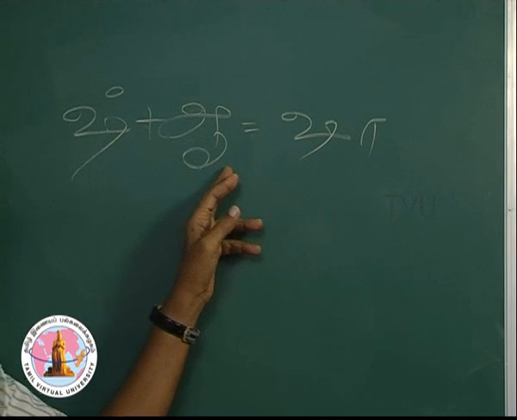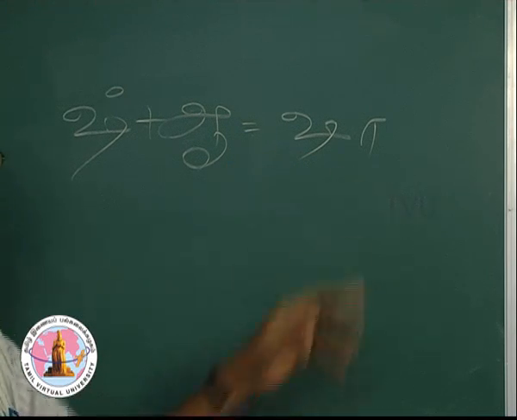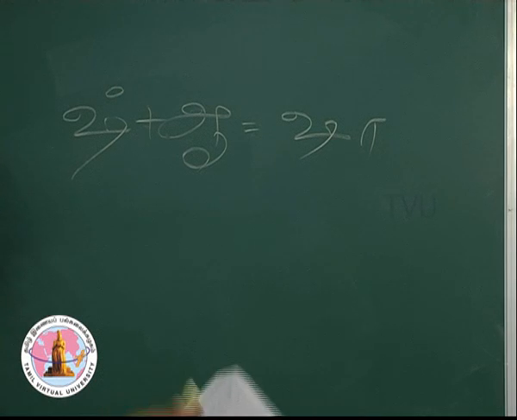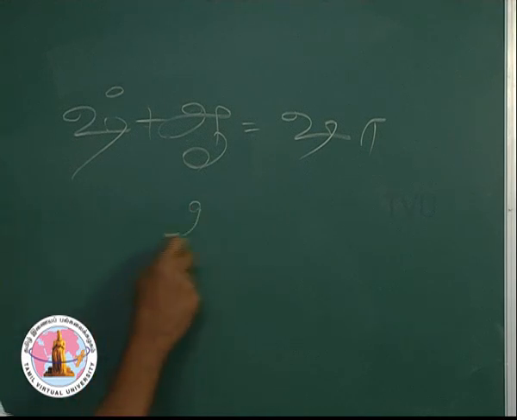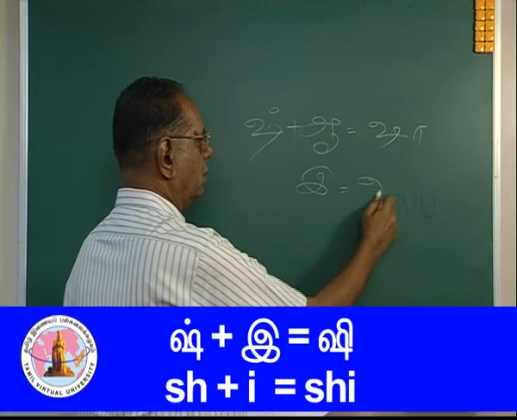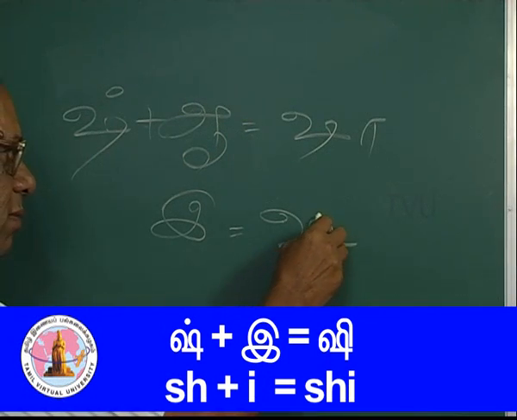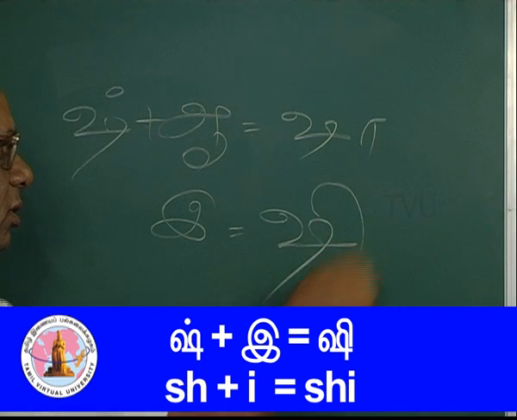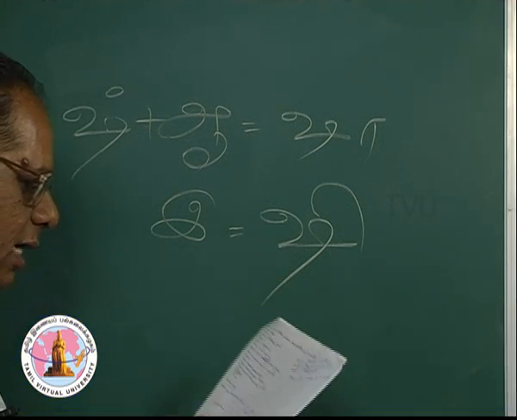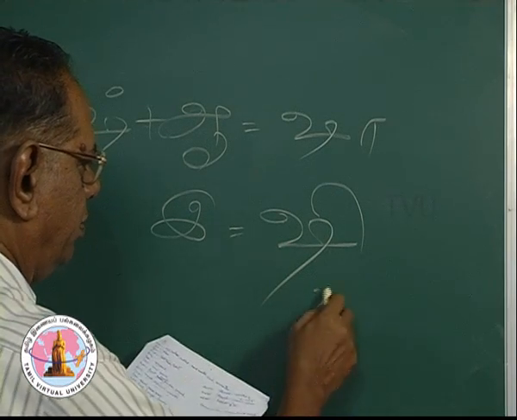With A, it becomes Ish plus A, Sha. With O, it becomes Sha. And with E, the same method, the same E marker put above. She, as you have in ship.